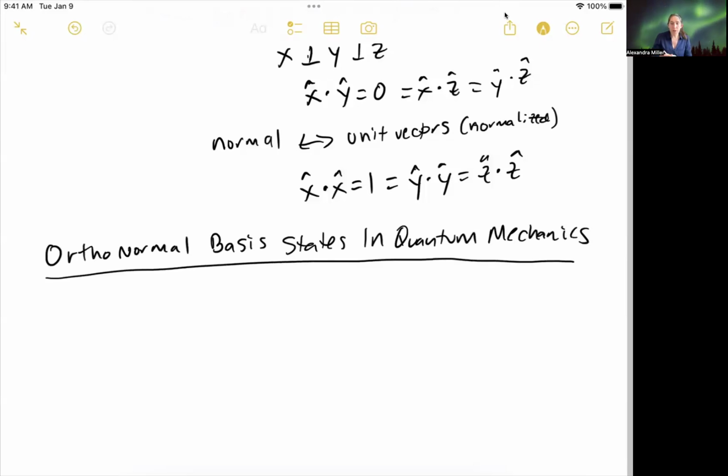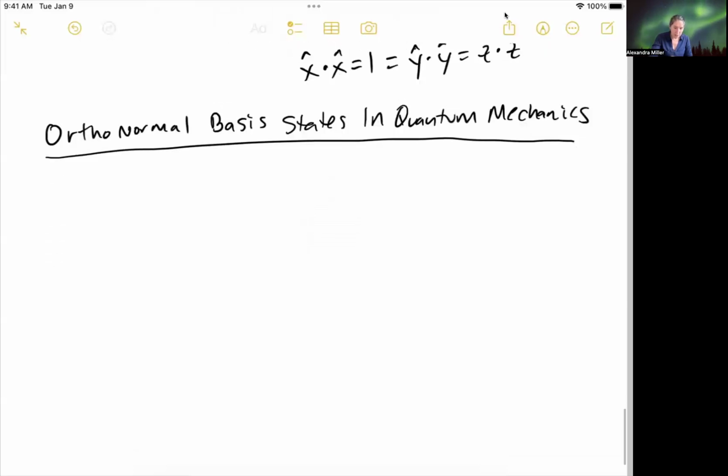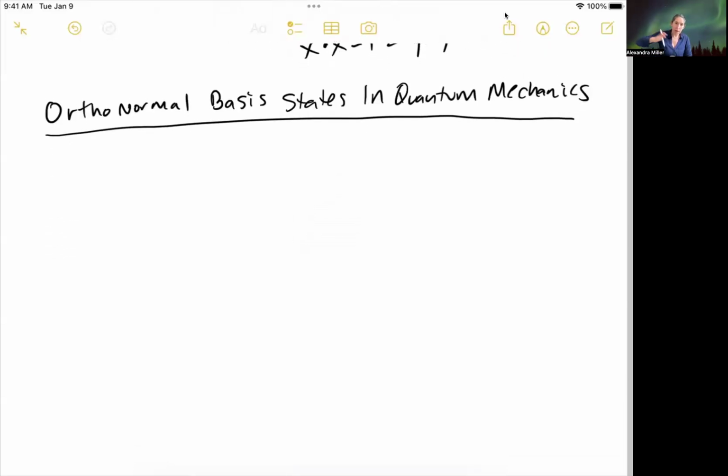So recall we've learned that often this is stated as the first axiom of quantum mechanics: a quantum state is represented by a normalized vector in a Hilbert space. All right, so we should be thinking about our states as being represented as these vector objects.